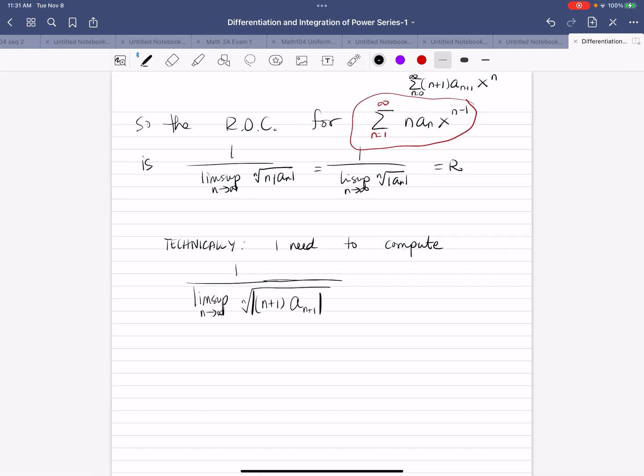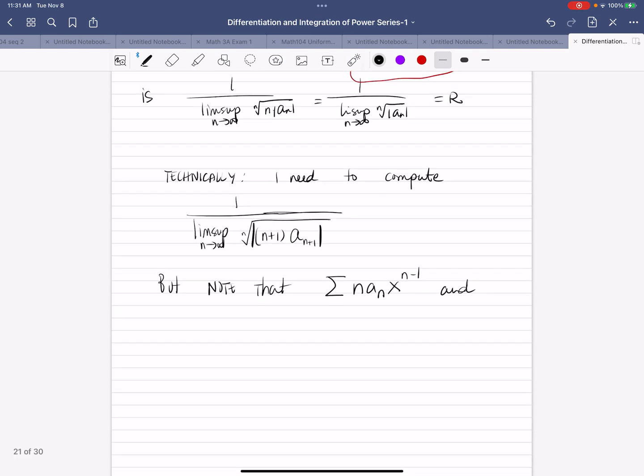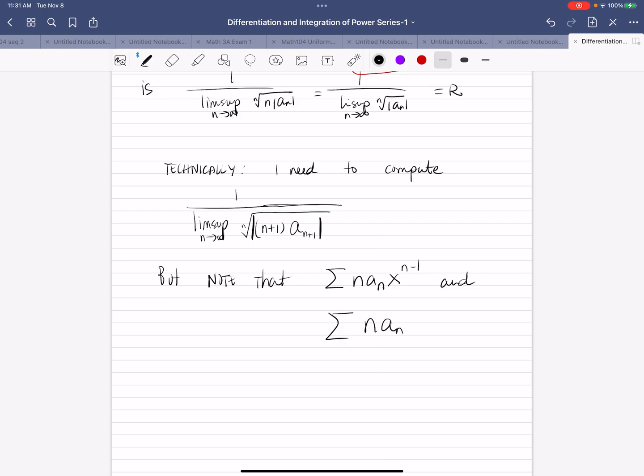But the way to get around this is to notice that this series with a sub n, x to the n minus 1, and the series n a sub n, x to the n, both have the same radius of convergence because the behavior of the coefficients doesn't change.